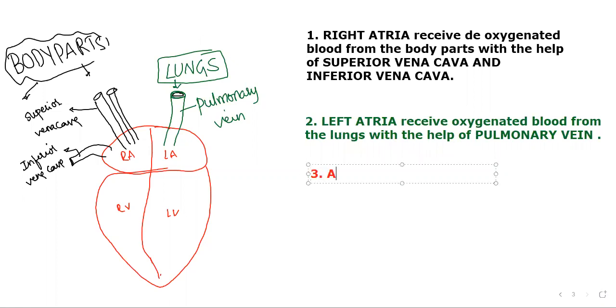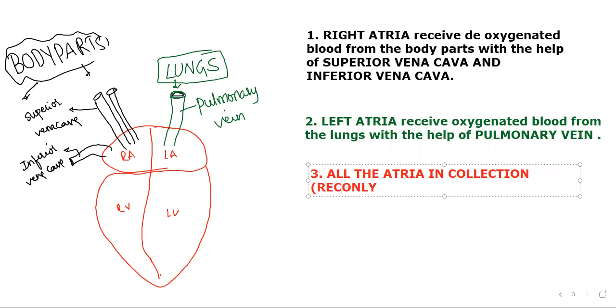Can I call all the atria collection only? Yes, receive is nothing but collection. Receive means collection. So whatever myths you have about the heart from before, that all will go now.